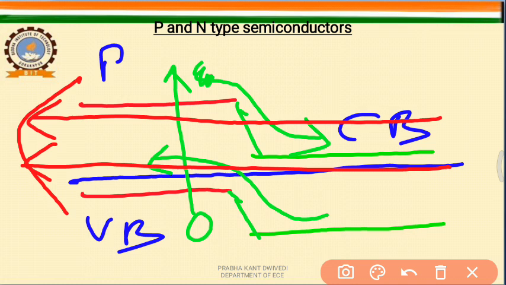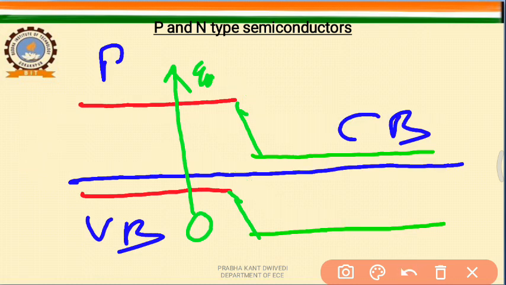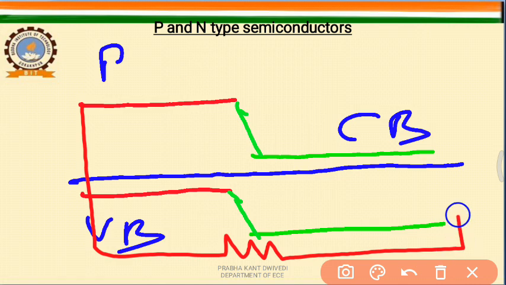And if we connect an external load to this device like this, then the current will flow. After incidence of light, the current will flow in this direction and go through the load.